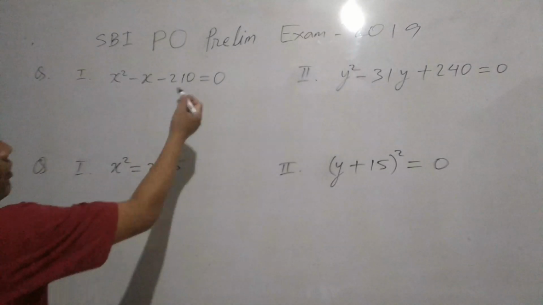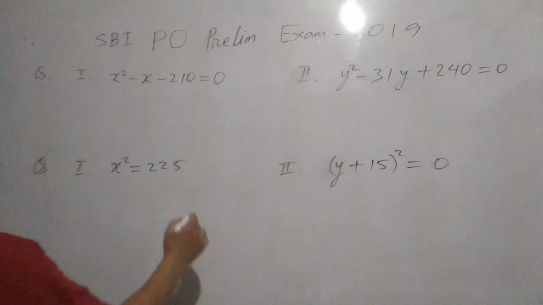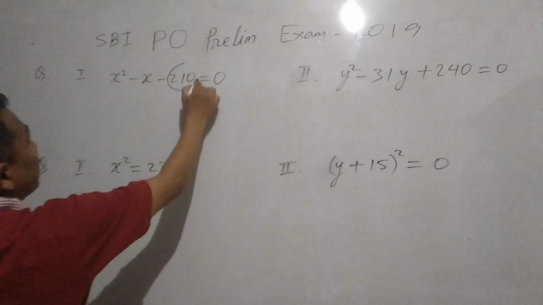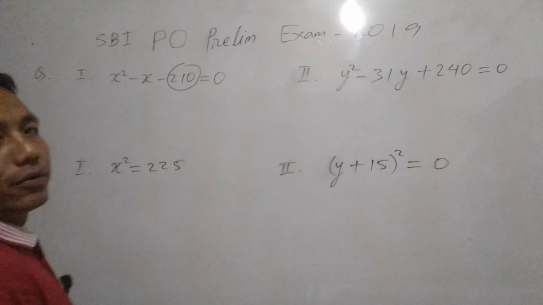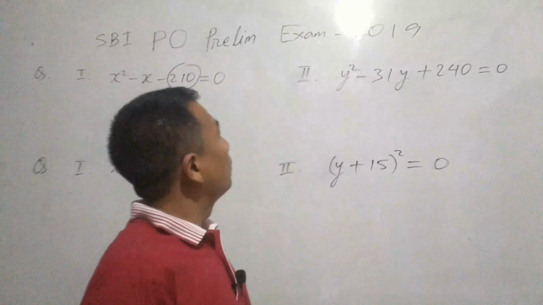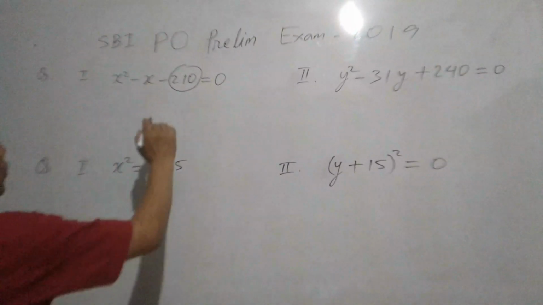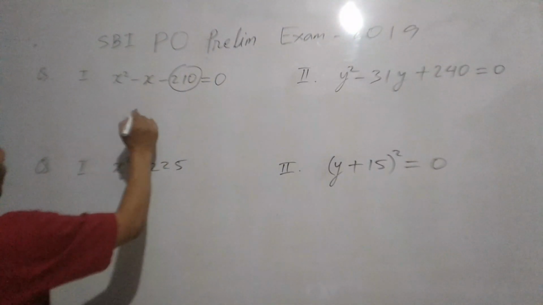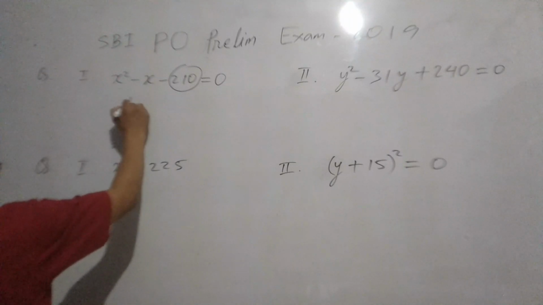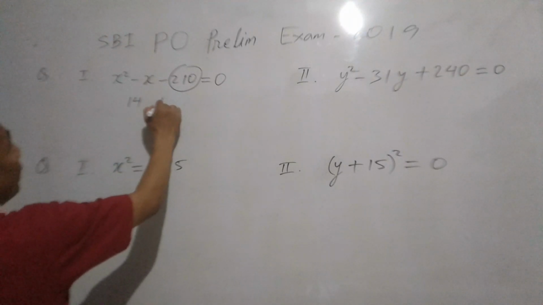Now let's work with the first problem. Again, 210 is the product of 2 consecutive natural numbers. What are those numbers? 14 and 15.